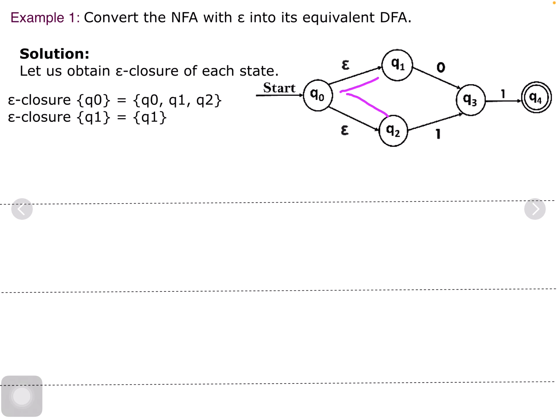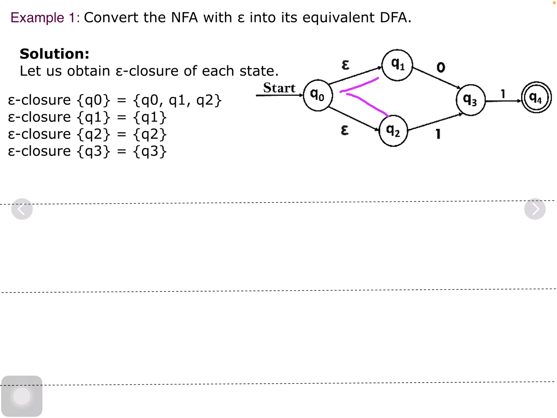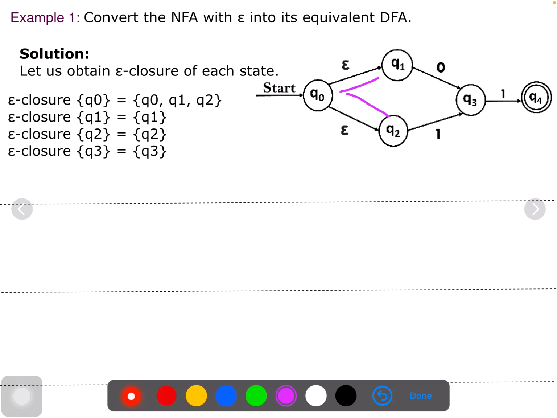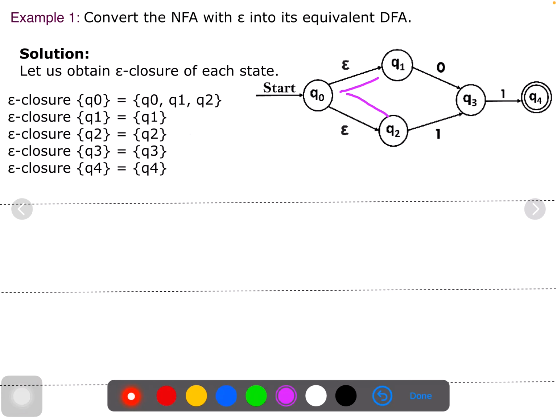E closure of Q1 is Q1 itself. E closure of Q2 is Q2 itself. E closure of Q3 is Q3 itself. E closure of Q4 is Q4. If you do this much, you will get 2 marks in the exam.